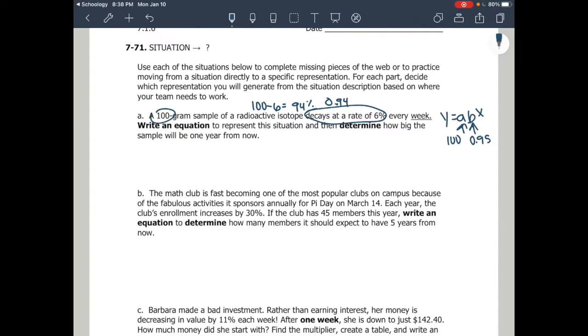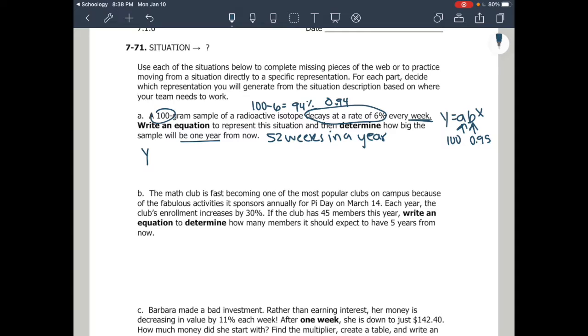So it says how big will it be after a year? Well, since we were currently talking about weeks, we need to change 1 year into weeks. So there are 52 weeks in a year. So now we can write our equation, plug in information, and solve.